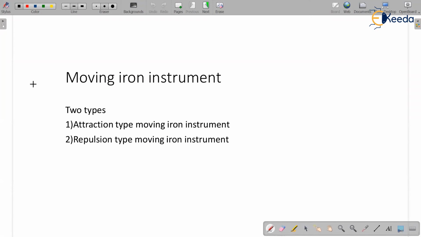Let's start the topic. Moving iron instrument is of two types: attraction type moving iron instrument and repulsion type moving iron instrument. So let's start with the attraction type moving iron instrument.